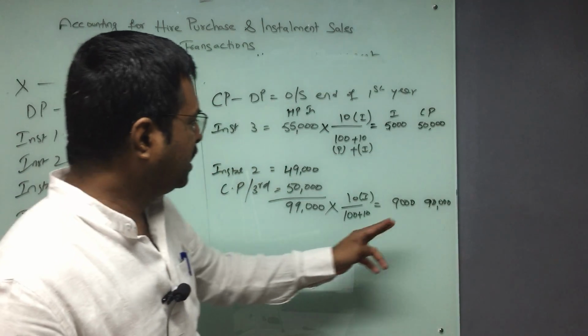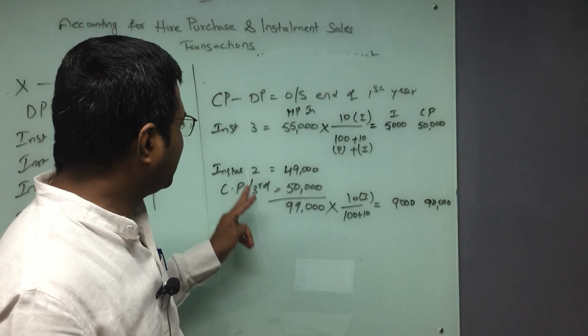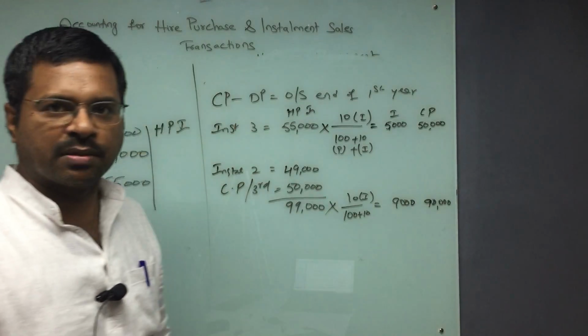So in this case my outstanding at the beginning of the second year is 90,000.